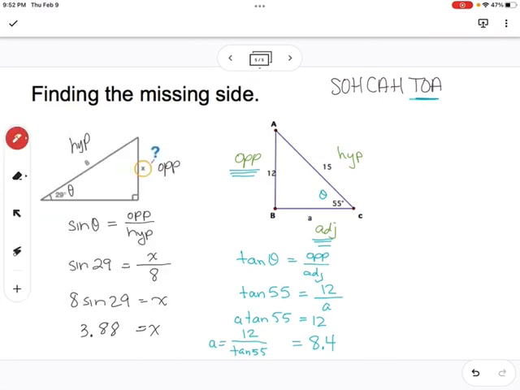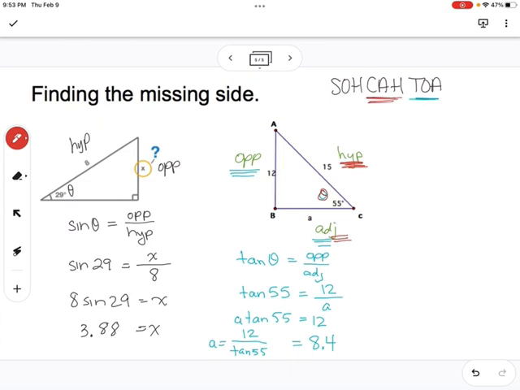So now I'm going to show you a different way to find the answer for A, and that's using the hypotenuse instead. So we have our hypotenuse, we are needing to find the adjacent, and we still have our angle theta. So if I am using adjacent and hypotenuse, if I look at sohcahtoa, I now want to use the cosine ratio.